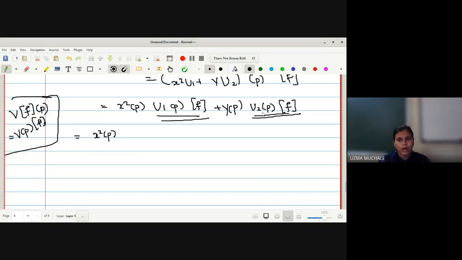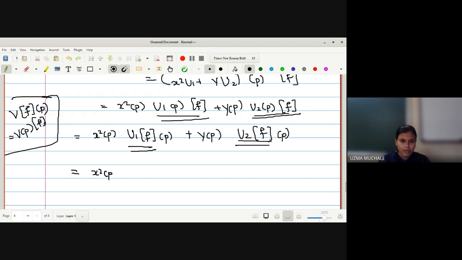U1 and U2 are particular types of vector field. So what we can write by applying the definition in a reverse way, what I get? U1 f at a point P plus y at a point P as it is, U2 f at a point P. Now anyone who remember in the last lecture, the last theorem which we have seen, what is our theorem?